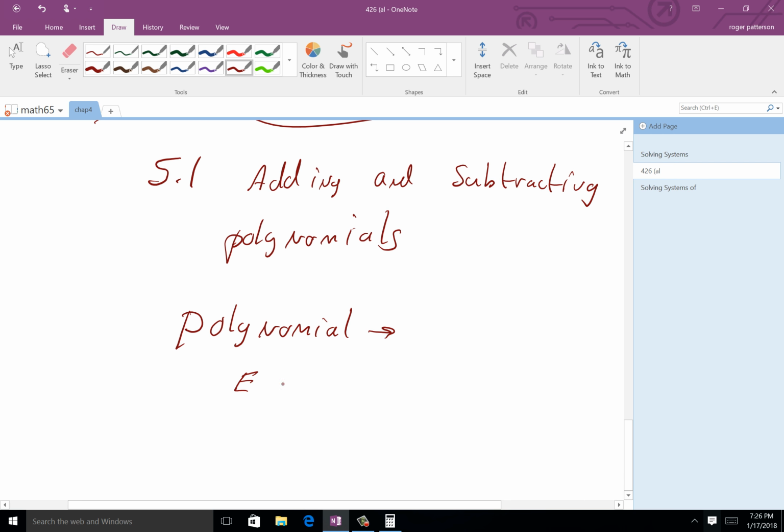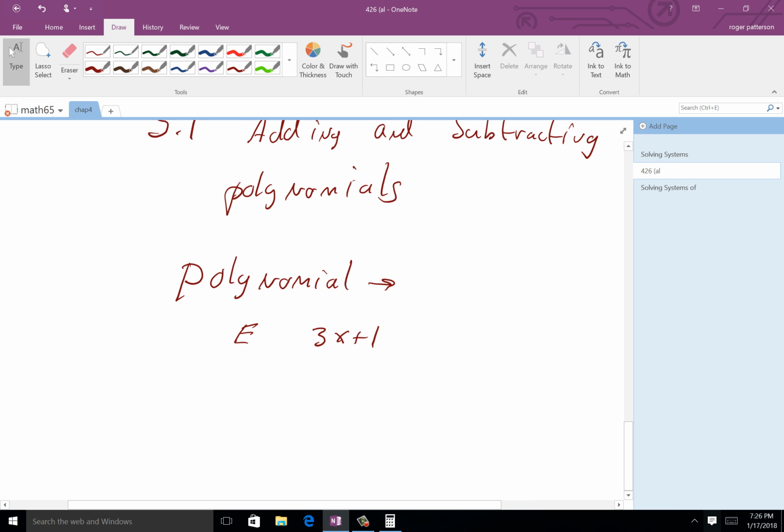So 3x plus 1 is a polynomial. 2x squared minus x minus 4 is a polynomial. 3x cubed plus 2x squared minus x plus 1 is a polynomial.